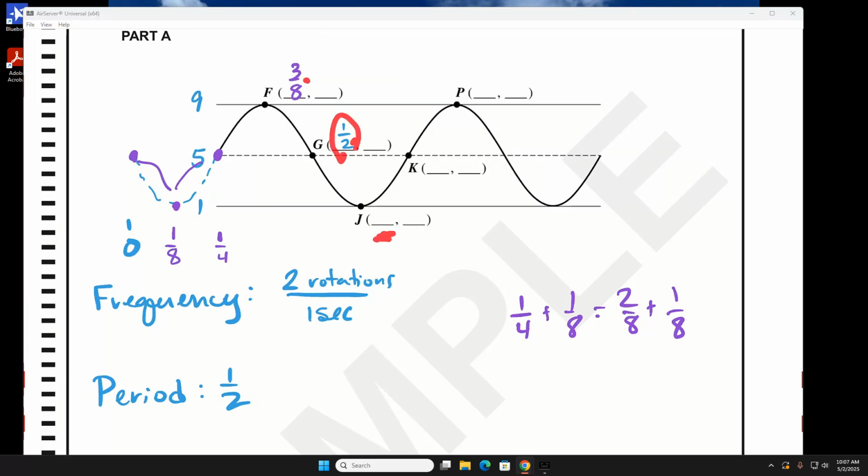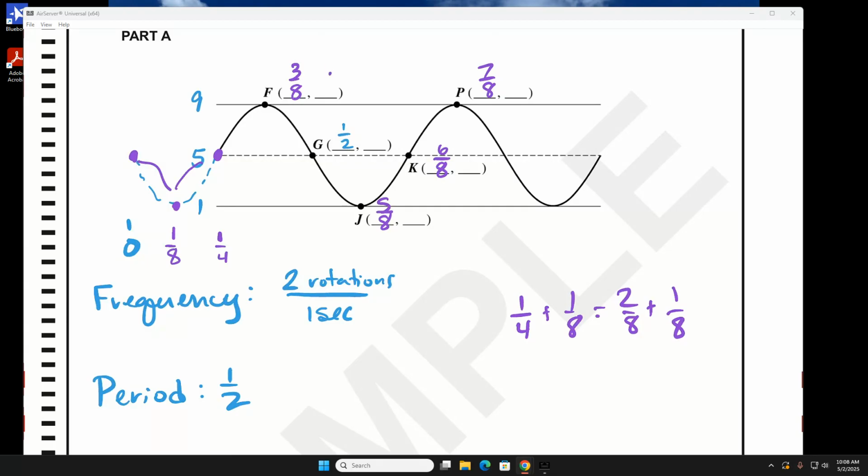So what would this one be? 5/8, and then 6/8, and then 7/8. Now you don't have to reduce 6/8. If you do, it's fine. It's 3/4, but you don't have to. All right, is everyone okay with how I got the increments? Increasing by 1/8 each time.